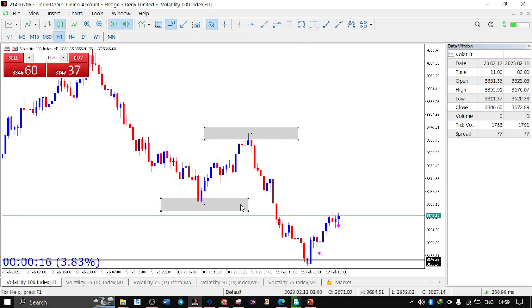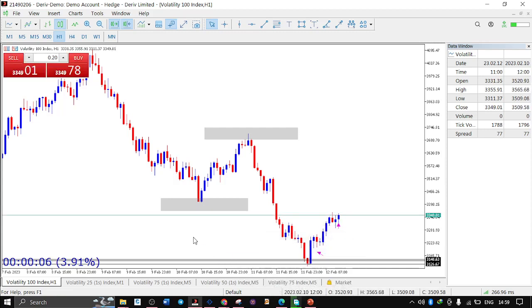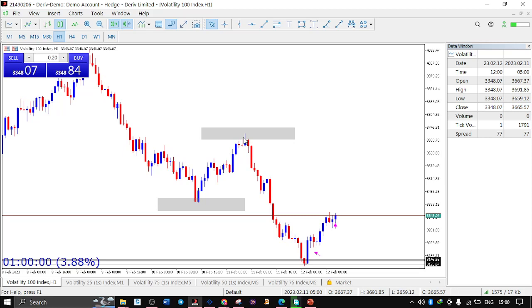Then this is support. First, I need to get support and resistance properly. Resistance is a ceiling which prevents prices from going higher. Like here, this resistance prevented the market from going higher, so it continued going down.